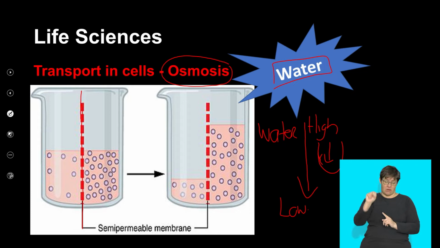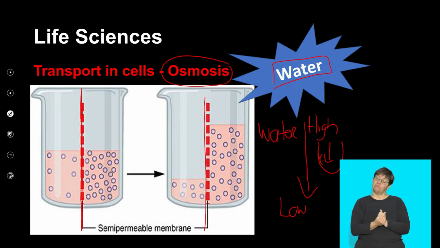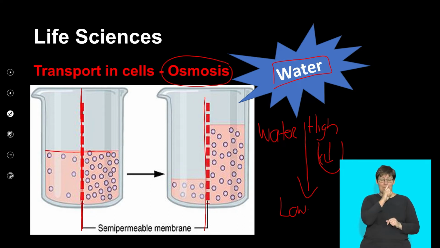But if you have a look over here, when osmosis occurs, I need to have a concentration gradient. This pink is the water. These little blue things are what's dissolved in the water.